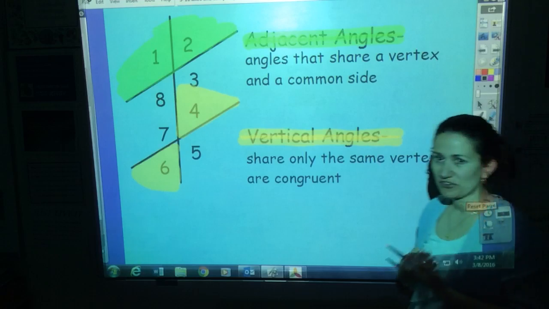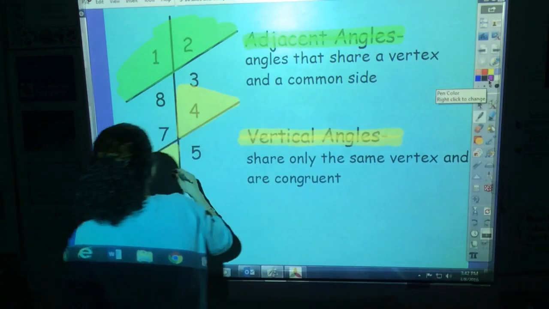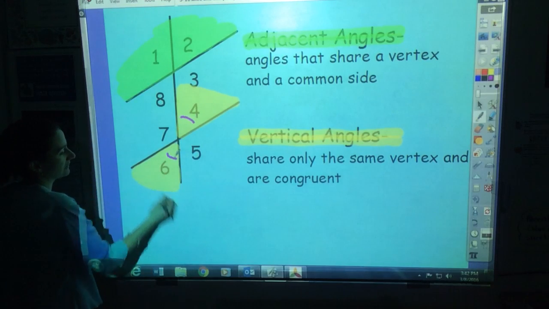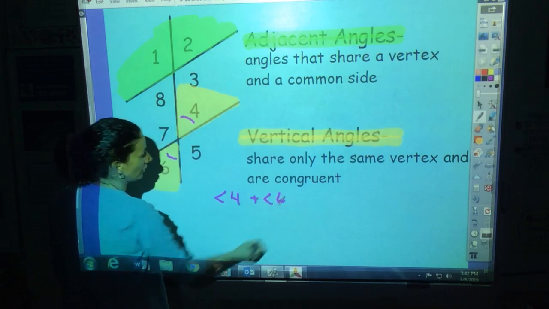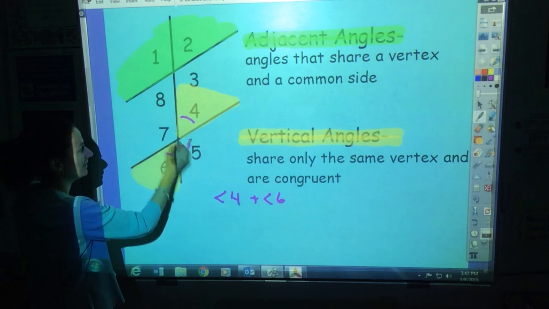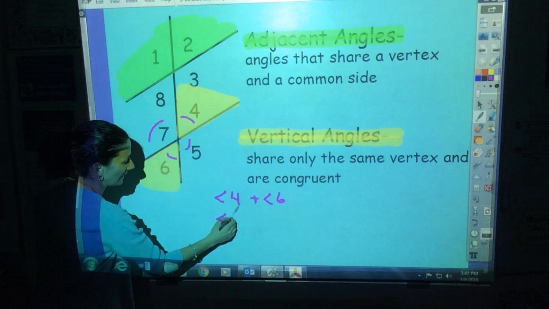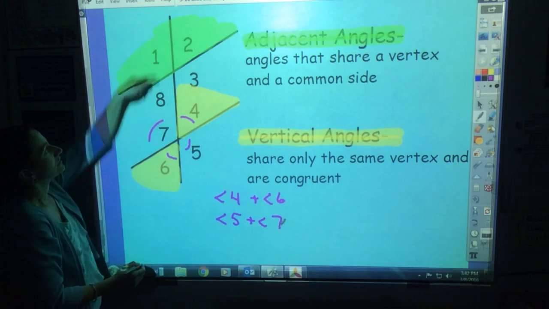Hopefully you've had a chance to think about vertical angles. If you look at our diagram here, we already talked about angle 4 and angle 6. So angle 4 and angle 6 are vertical. Did you see that angle 5 and angle 7 are also vertical? Angle 5 and angle 7 are vertical and congruent. There are some up here as well.